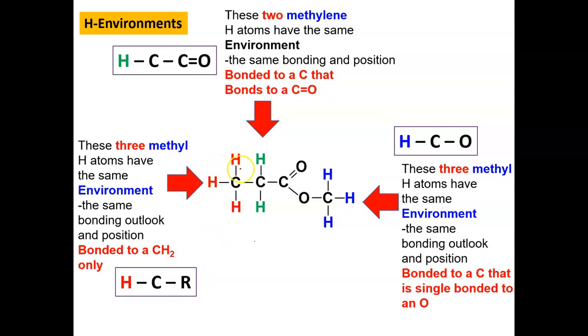If we move now to the green CH2 group, I've called these the methylene group hydrogens. As you can see from the data sheet at the top here, this is the hydrogen that is bonding to a carbon, which itself bonds to a carbonyl carbon.